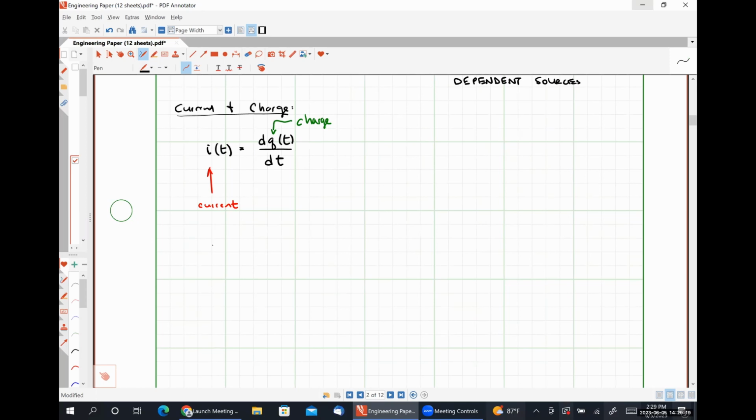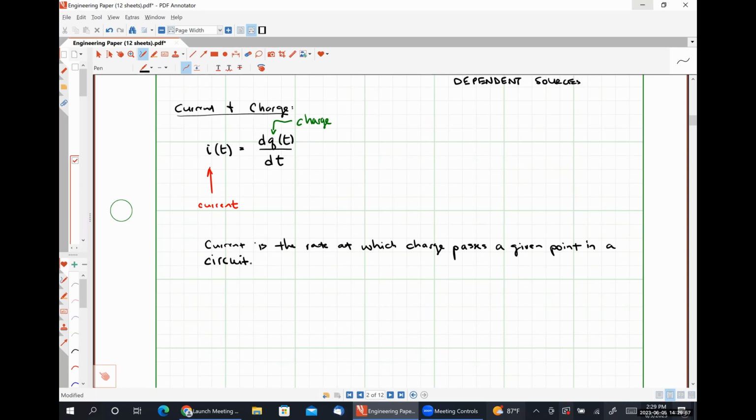So we can say that current is the rate at which charge passes a given point in a circuit.